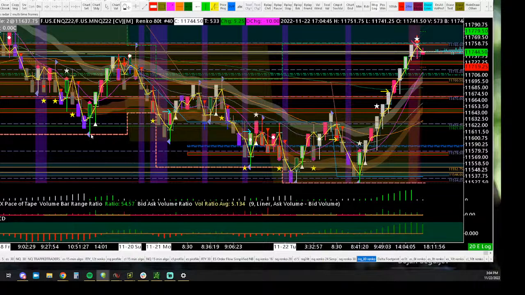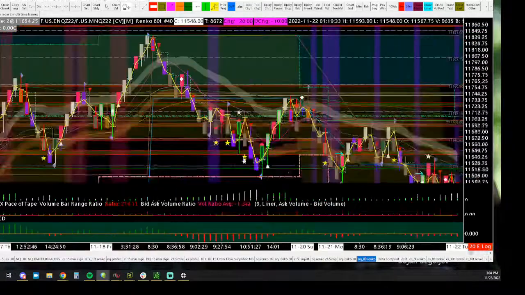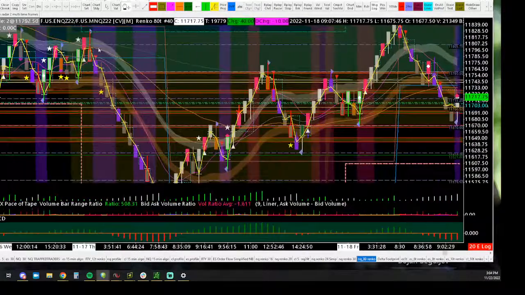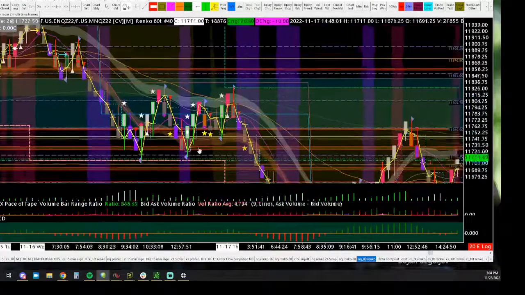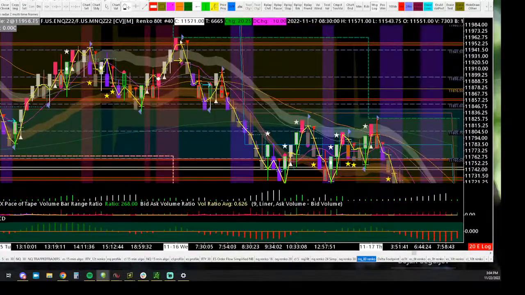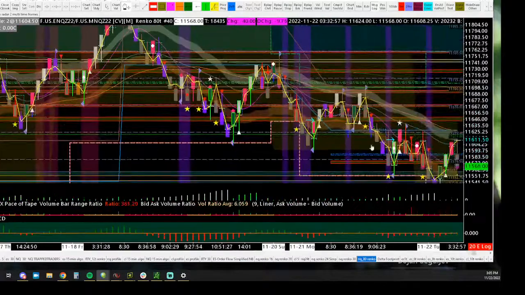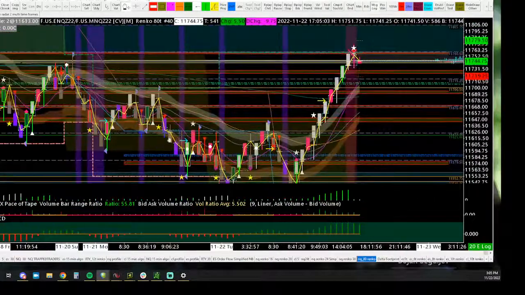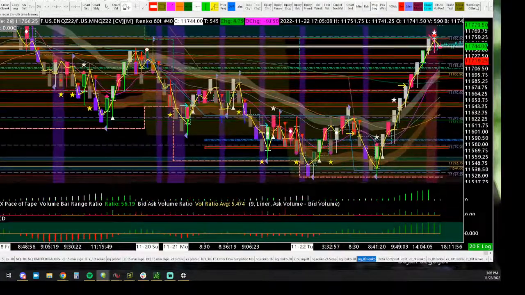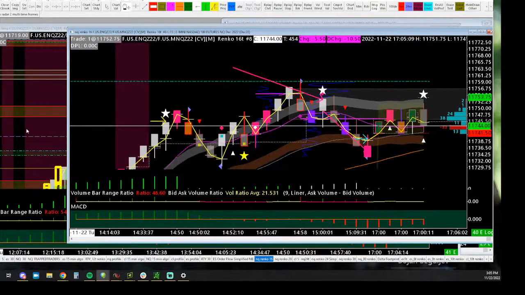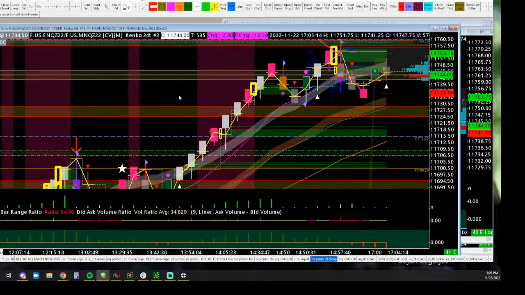Because I bet a lot of these where they have a pink bar, orange bar at the top probably started with the volume shift. I don't even have the yellow boxes in here, but I bet you anything there's a yellow box there. Huh. Because it's got a momentum shift, but not necessarily a volume shift. I don't know. Like I said, I've got plenty of signals as it is. But that makes me curious what that might look like on the higher time frame.